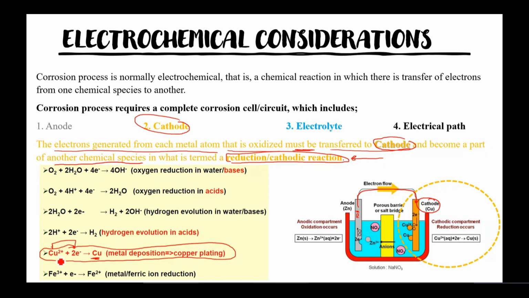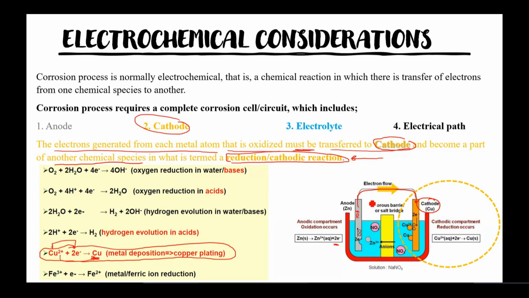So copper ions are converting into copper metal by consuming the two electrons that were generated by the zinc atom. It is a reduction reaction because it is the reduction of the valency, which is synonymous with the word reduction reaction.